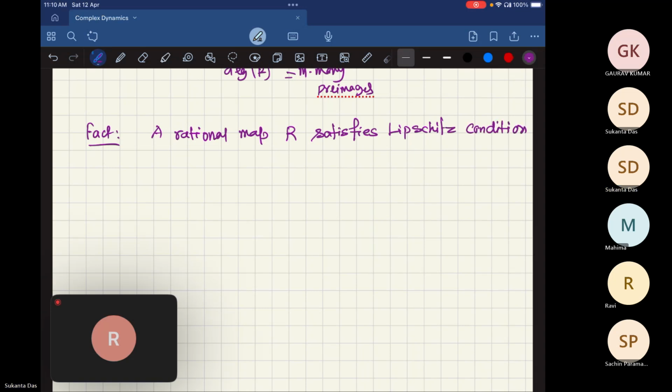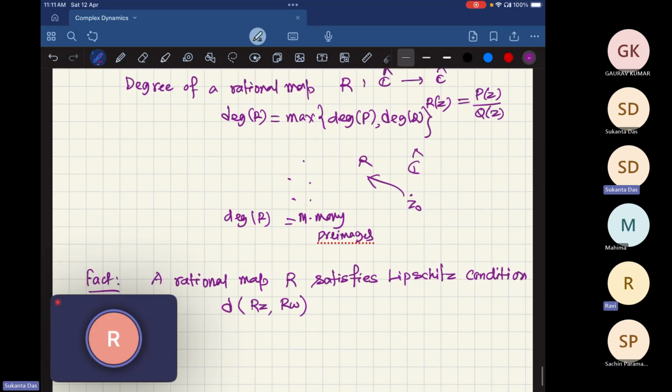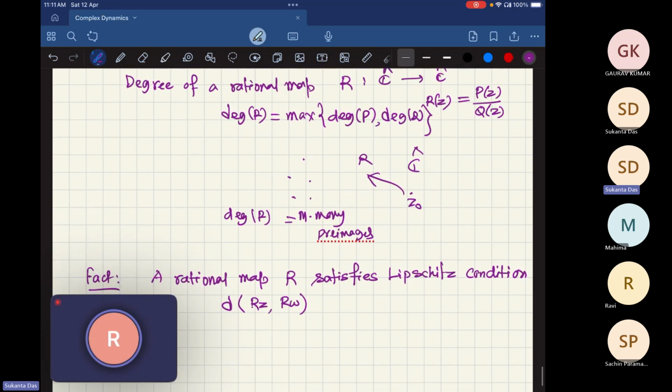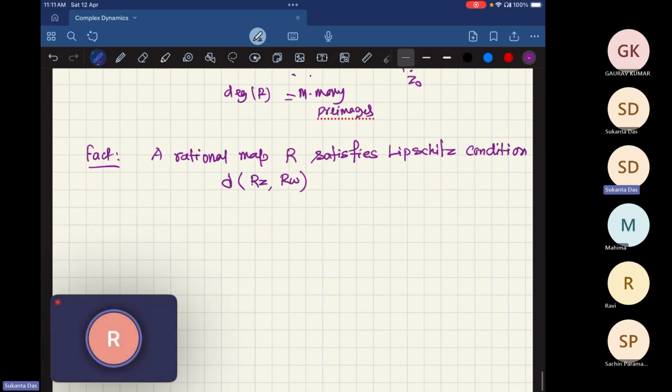As I have told earlier, here we are talking about the spherical metric. Corresponding to this metric D, if you take any points, say z and w... One small question: you defined R equal to P by Q, so P and Q may be co-prime? Yes, P and Q are co-prime; I said earlier that they have no common factor. Okay, thanks.